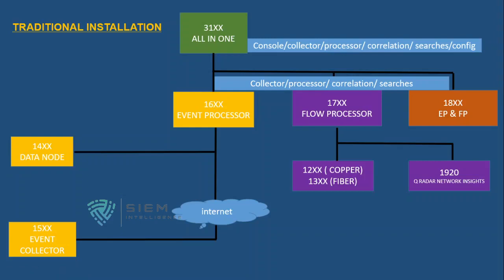To avoid that, you can place a data node where you can run the searches. So like this, you have various distributed environments. You can place multiple 15xx boxes, multiple 12xx boxes, multiple 19xx boxes, multiple flows, and if there is a 16xx box, there are multiple event processors.